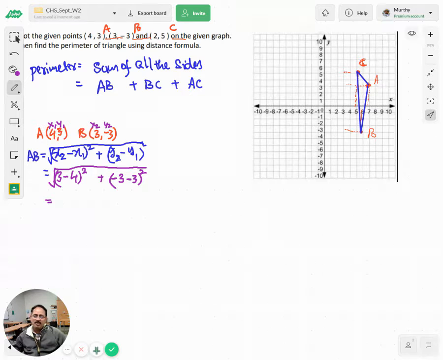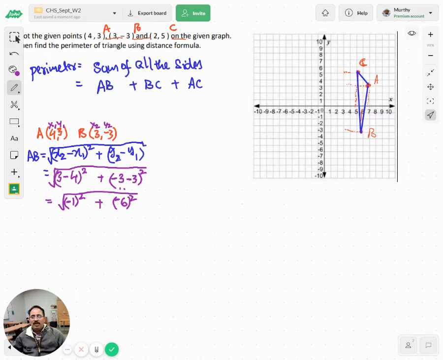So 3 minus 4 gives me negative 1 square plus negative 3 subtract 3. Quickly a thought may come as 0, but it is not. Negative 3 subtract 3 gives you negative 6 square.